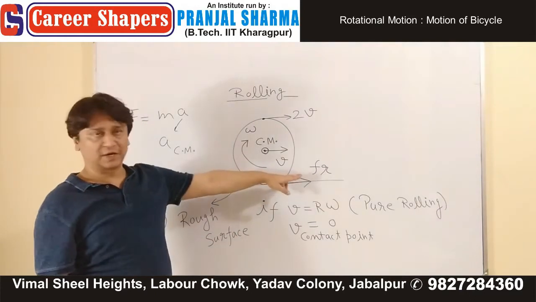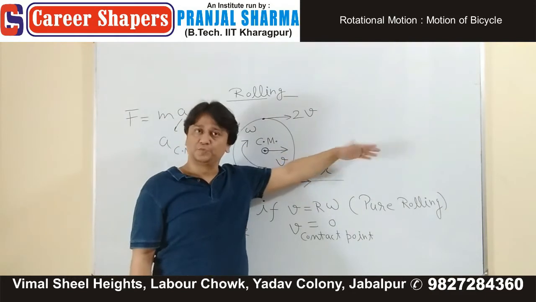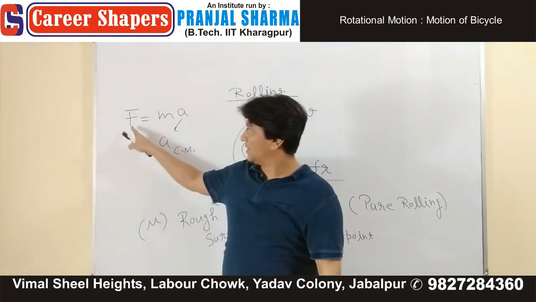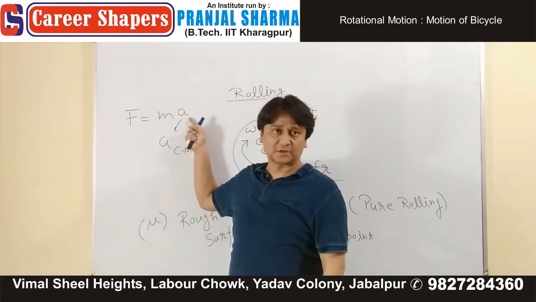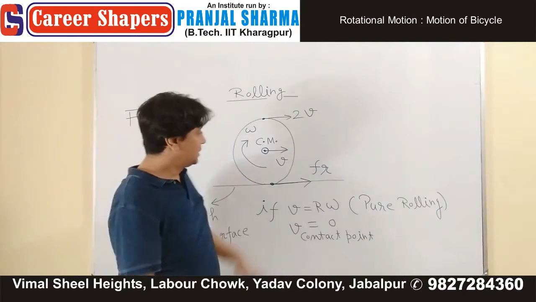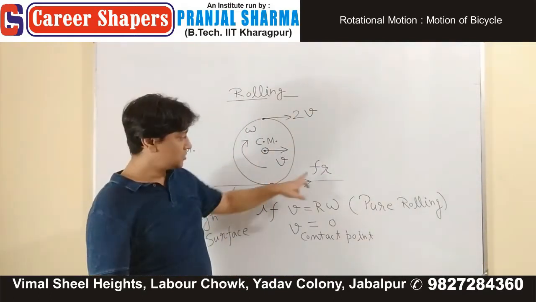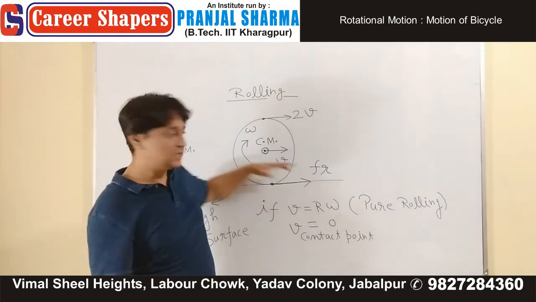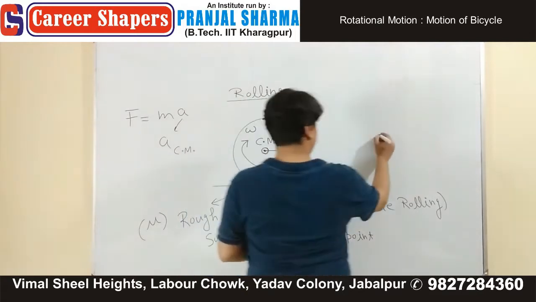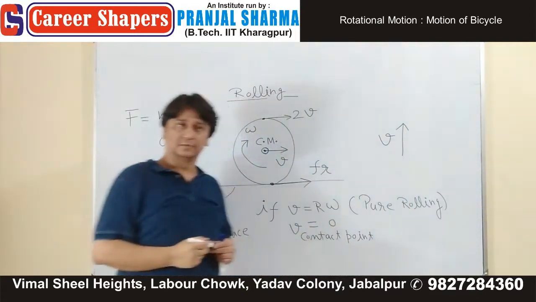This force of friction is acting in the forward direction, which means this force is going to produce what? Acceleration. Whose acceleration? Of the center of mass. This center of mass, therefore, because of this force, is going to accelerate. That means V is going to increase.